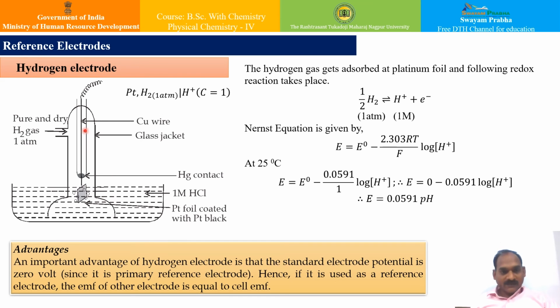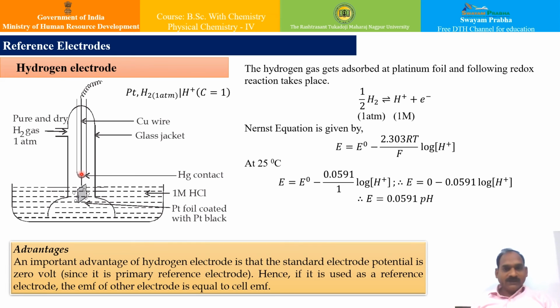This wire is connected to the platinum foil, which is coated with platinum black, and a little mercury has been put over here for good electrical contact. This overall assembly is dipped into 1 molar HCl, and now you bubble the pure and dry hydrogen gas through this cell.